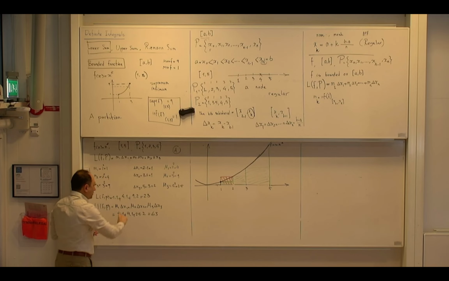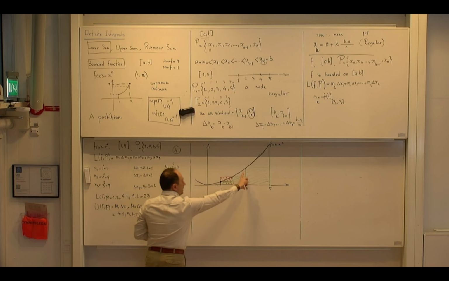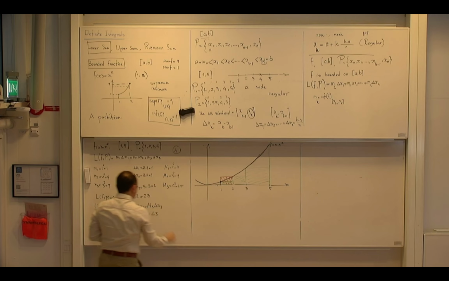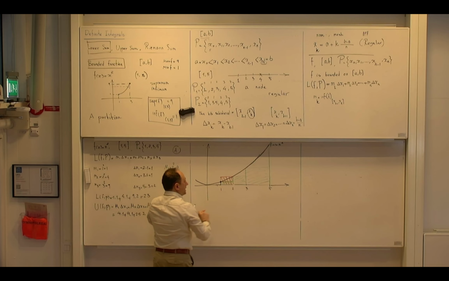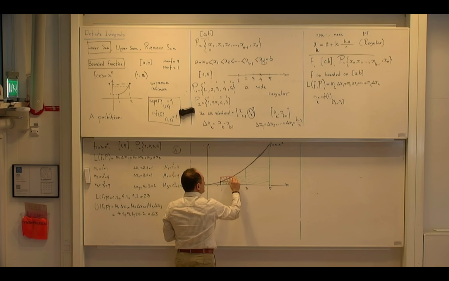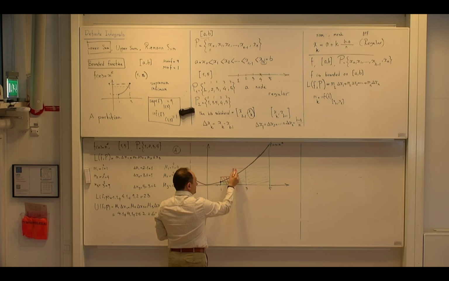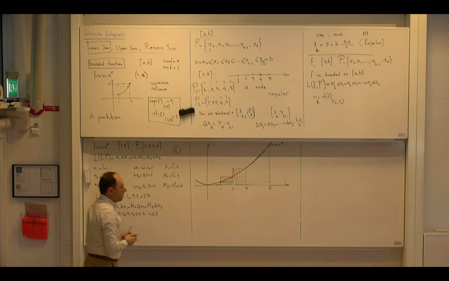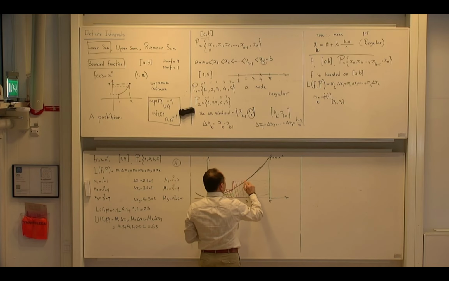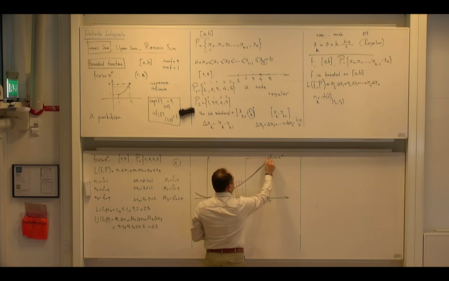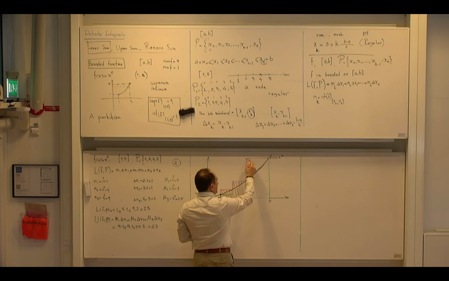And if I go to the next one, M2 is 9, which is this height, multiplied by the length of the second interval. So this means that I am constructing this rectangle. The second term is the area that you see here. And finally, the last one, hopefully you can see, will be the area here. So this is the total area.